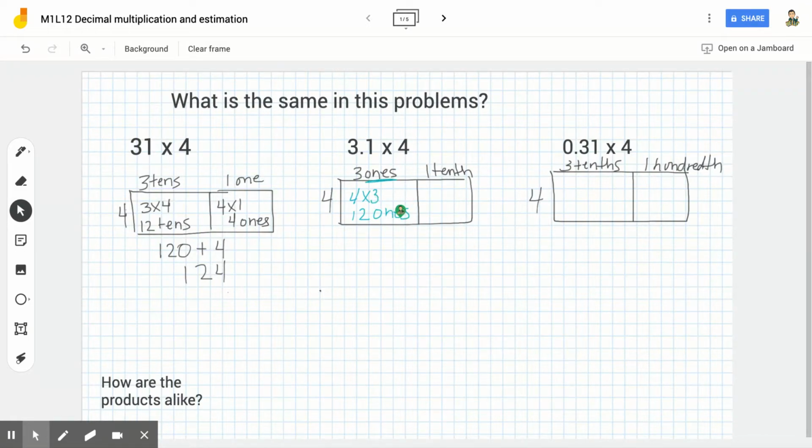And now 4 times 1, length times width. 4 times 1 is 4/10. 12 ones is 12 by itself, plus 4/10, which is 0.4. Added together, 12.4.